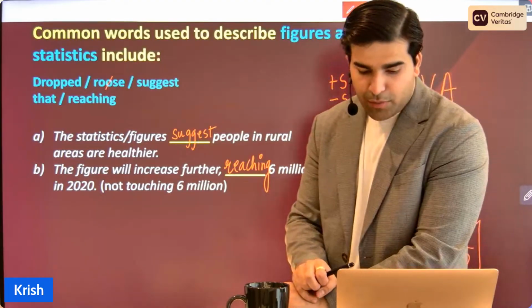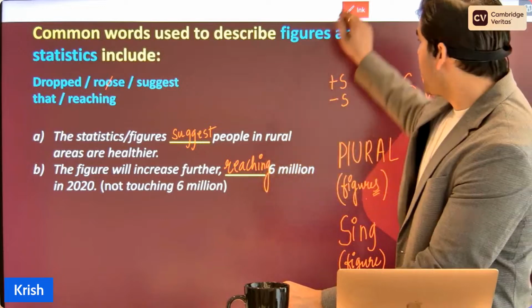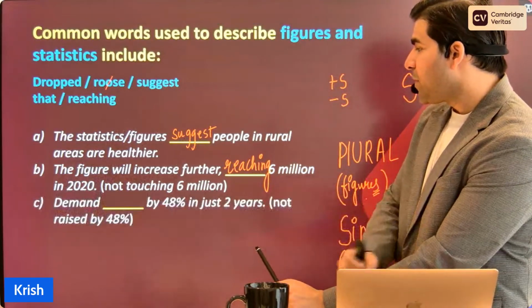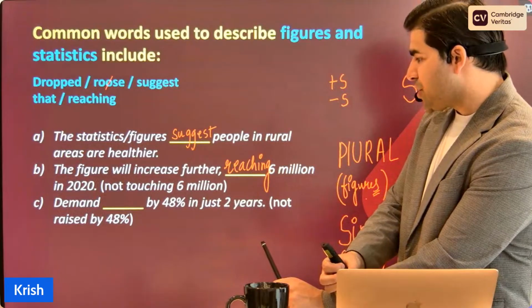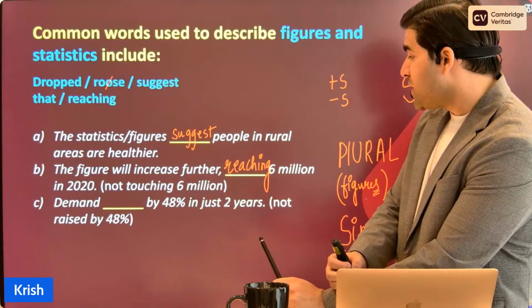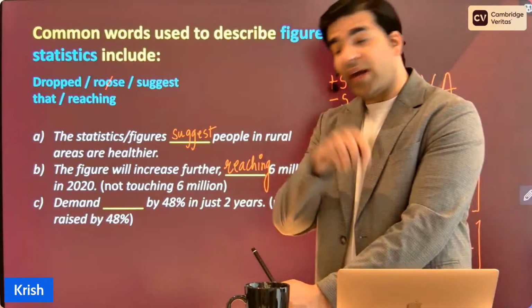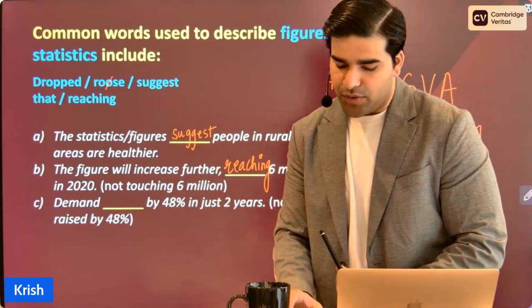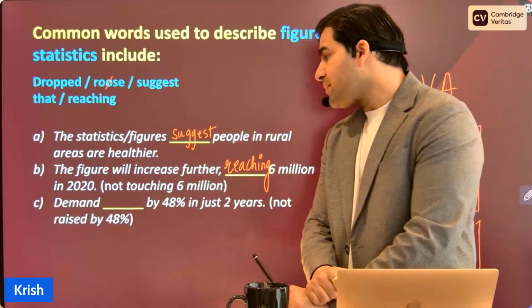Let's have a look at C. Here we go. Please have a look. Demand dash by 48% in just 2 years. We do not say demand raised by 48%. There's something else that we use.